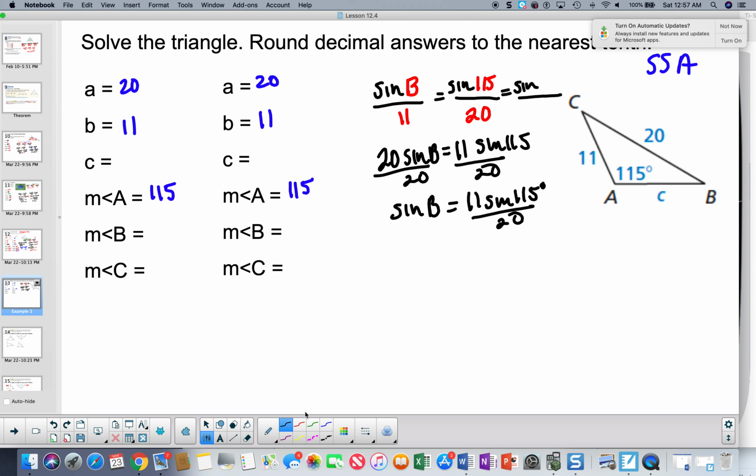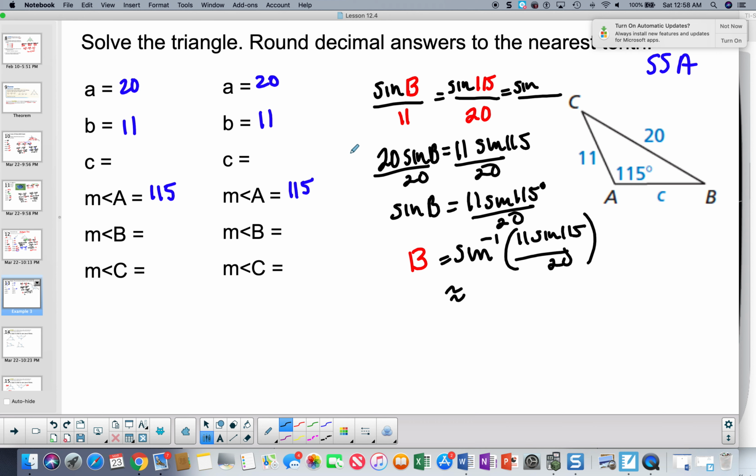Now to get B by itself, you are going to have to use sine inverse. So we're going to put that in our calculator. Sine inverse of 11 sine of 115 divided by 20.